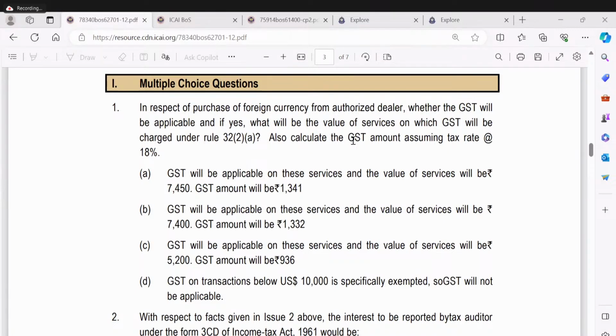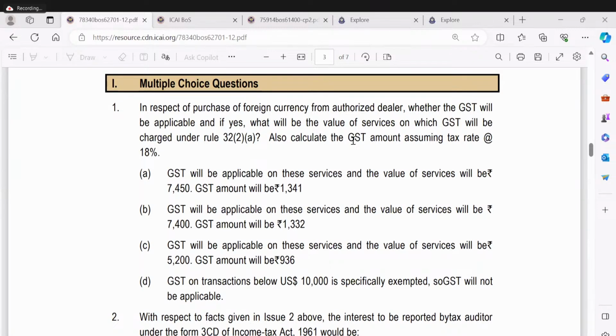Now, under GST law, the GST is always leviable on supply. Supply is supply of goods or supply of services. So we have specified definitions of goods as well as services. Now, in case of goods, the term money has been specifically excluded. That means money is not considered as goods under GST law.